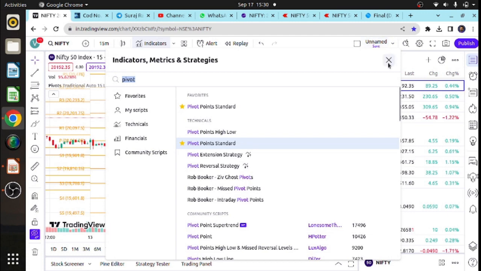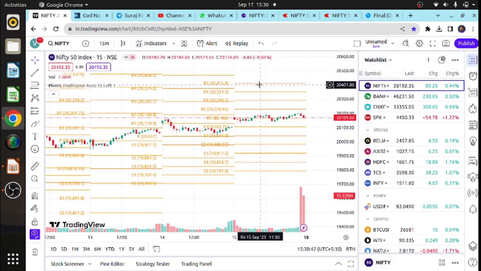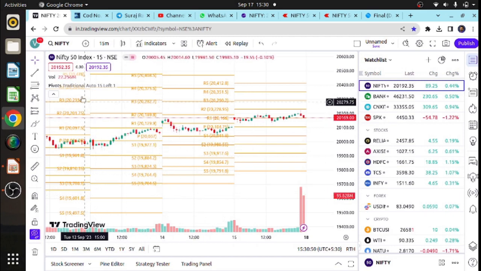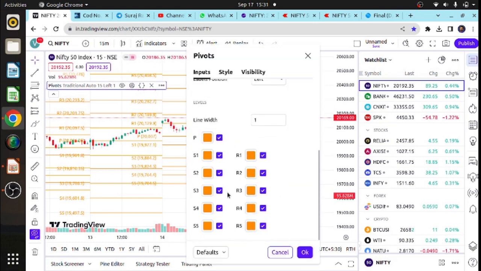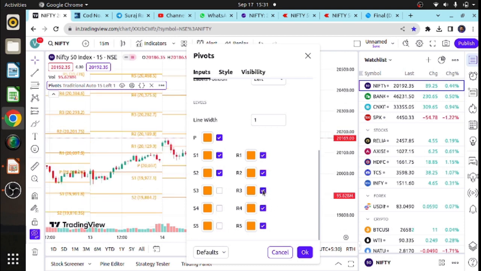Okay, so once it is done, it has added pivot, support and resistance, but we do not want so many supports and resistances. I think for day trading, two supports and resistances are enough. So we will go to settings and uncheck support 3, 4, 5 as well as resistance 3, 4, 5.